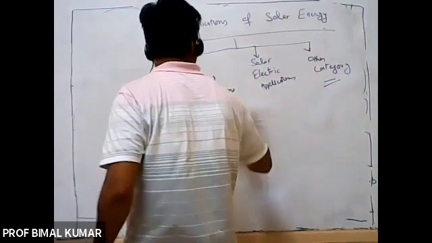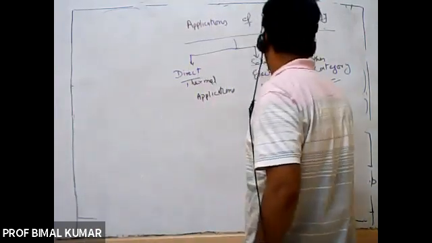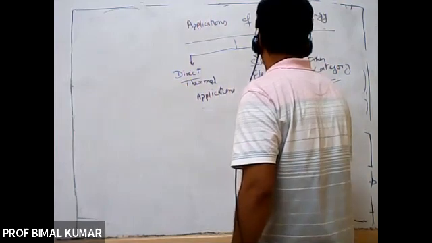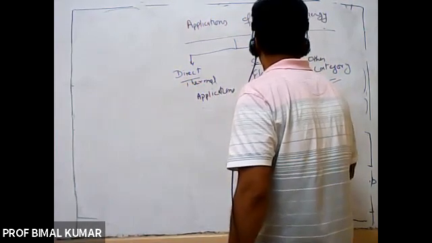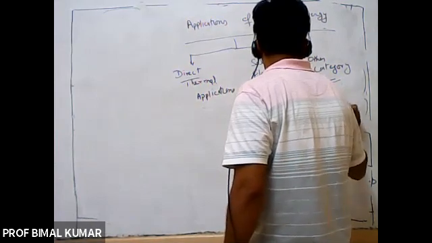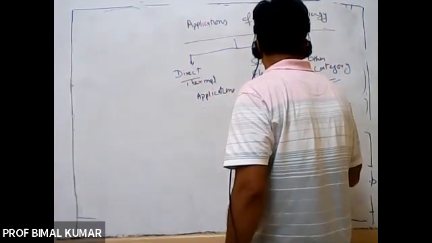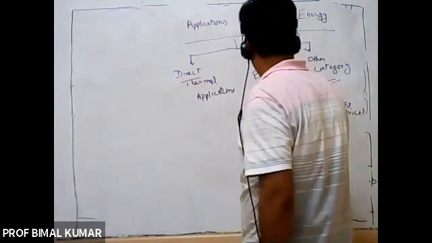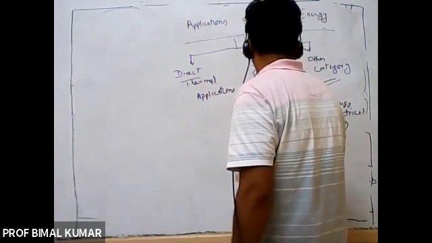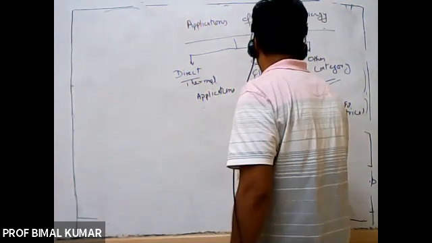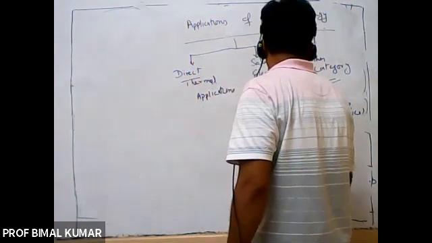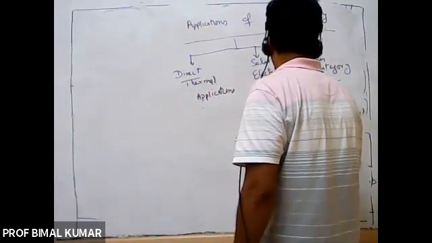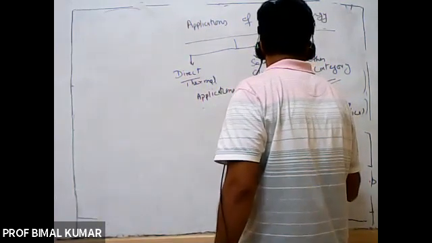So in this category, we may consider either the direct conversion of solar energy or solar radiation into electrical energy, or here in the same category we may consider indirect conversion of solar energy into electrical energy.